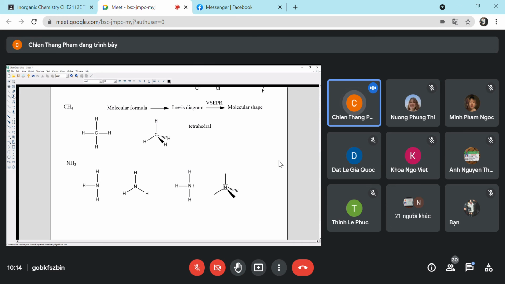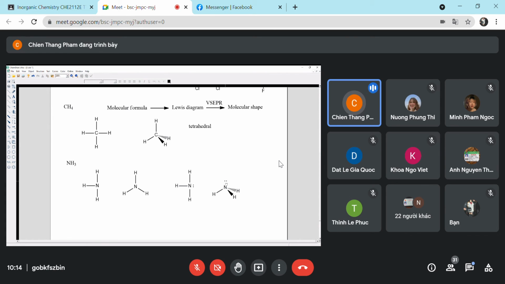So now, first one is nitrogen in the center, hydrogen, and a lone pair. And now, what is the molecular shape? This one is a lone pair, and the lone pair means that there is no atom here.